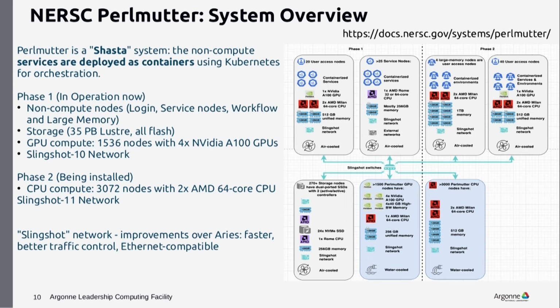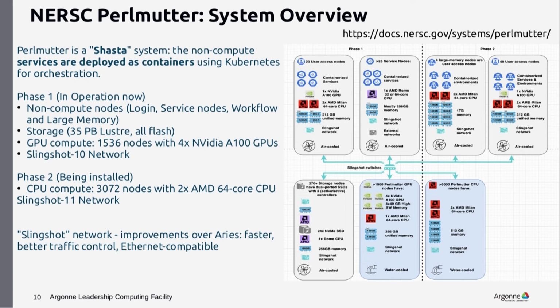Before we go out for lunch, I'll give you a brief overview of Perlmutter that you can have access to. Perlmutter is a machine housed at NERSC, Lawrence Berkeley National Lab. It's still a pre-production machine, so you are among the first few people who would be using it.